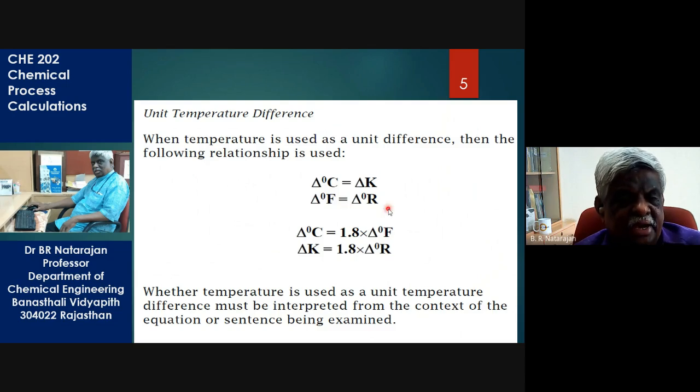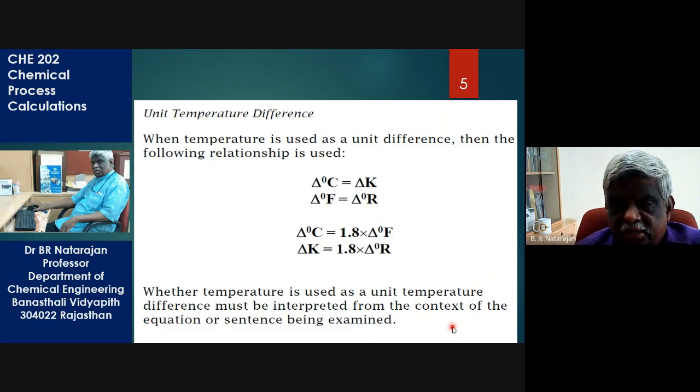Degree Fahrenheit and degree Rankine will be the same because 460 is the common parameter. Delta C is 1.8 times delta F, and delta K is 1.8 times delta R, only when temperature is used as a unit difference. Whether temperature is used as a temperature or a temperature difference must be interpreted from the context of the equation or sentence being examined.